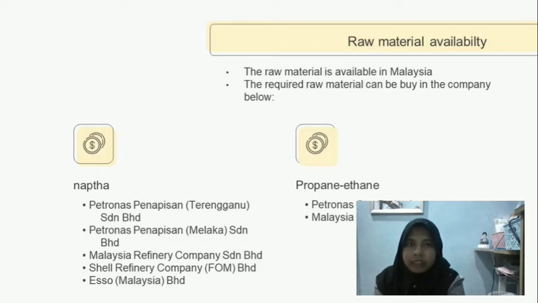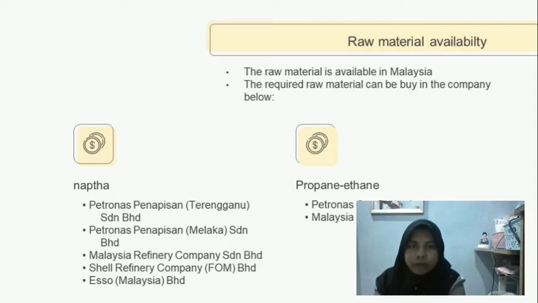The raw material that we use to produce propylene has 2 types: first naphtha, second propane and ethane. Naphtha we can buy at Petronas Penapisan Terengganu Sendirian Berhad, Petronas Penapisan Melaka Sendirian Berhad, Malaysian Refinery Company Sendirian Berhad, Shell Refinery Company, and Esso Malaysia.